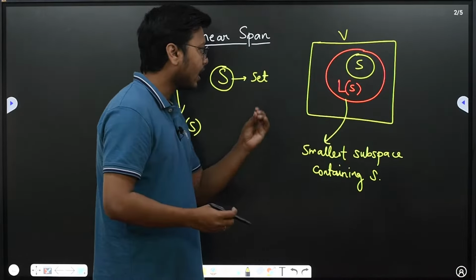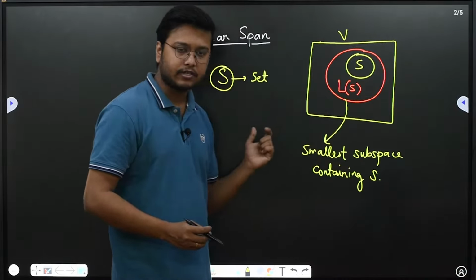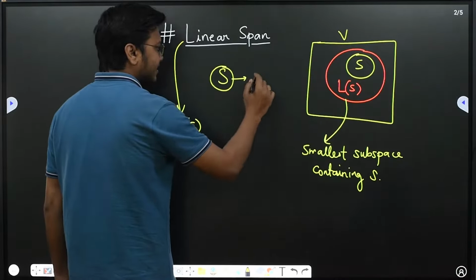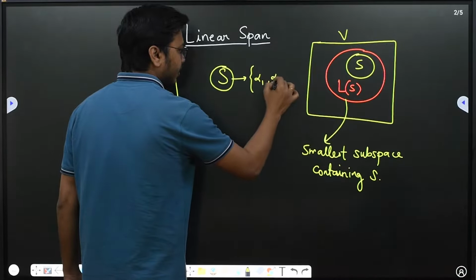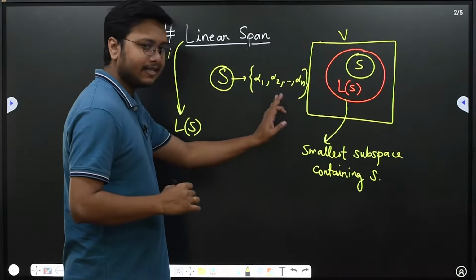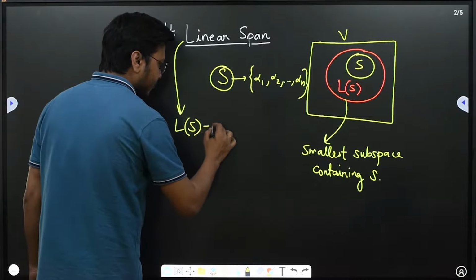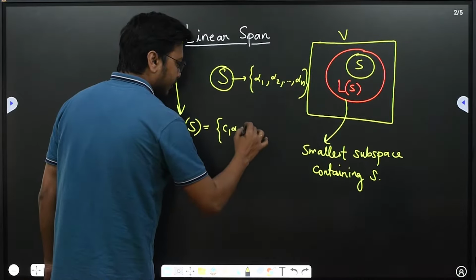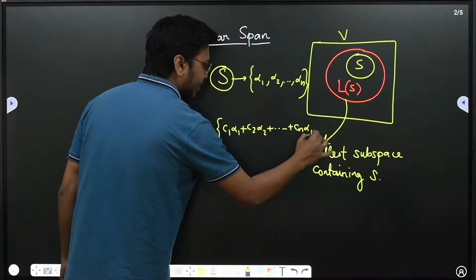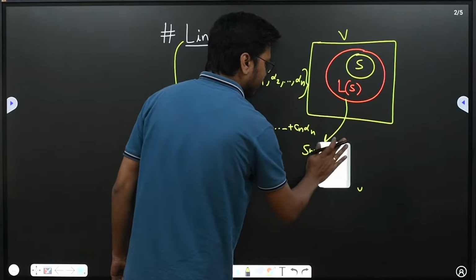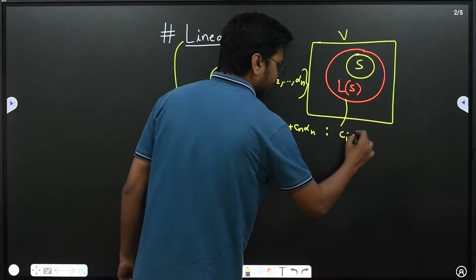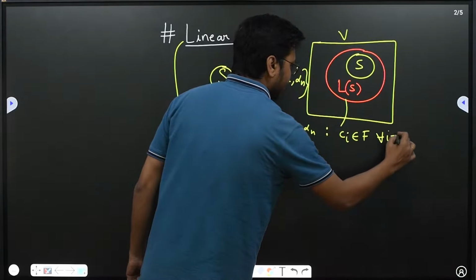And now let's look at what kind of elements L of S contains. Let me define first that the set S contains the elements alpha 1, alpha 2, alpha n. Then L of S would contain c1 alpha 1 plus c2 alpha 2 plus cn alpha n, such that all the ci's belong to the field, for all i equals 1 to n.